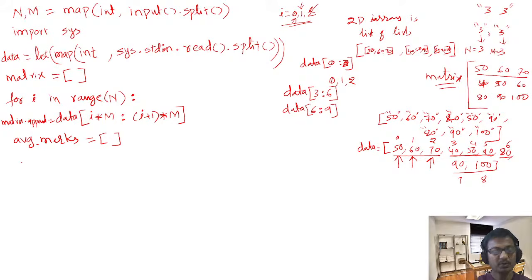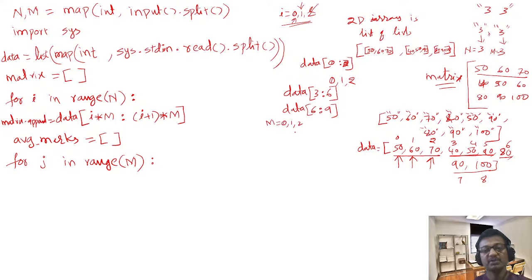Now what I do is I go through the matrix column wise. For that I take a variable, for j in range of m, so I get all the columns. M value now becomes 0, 1, 2.